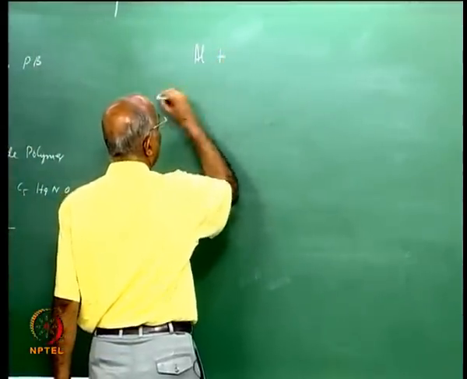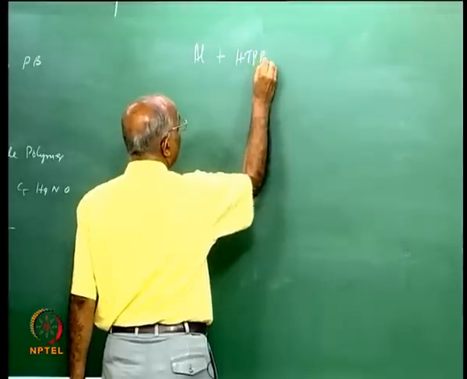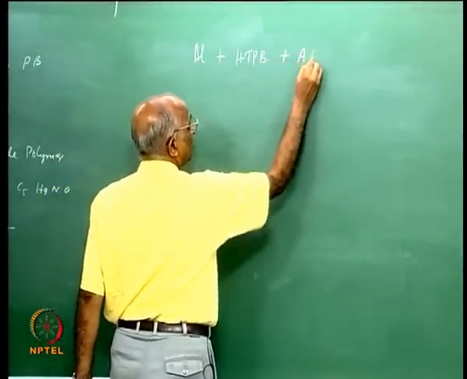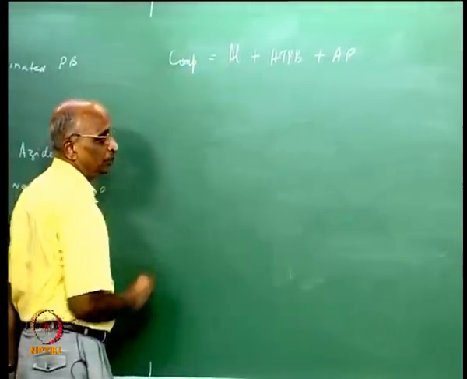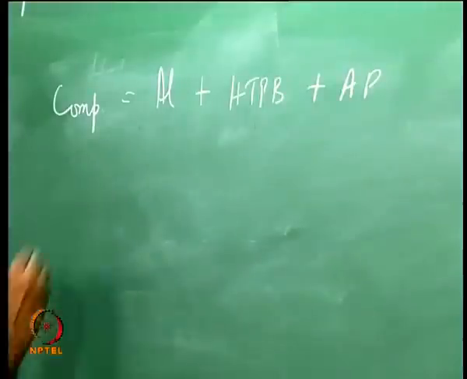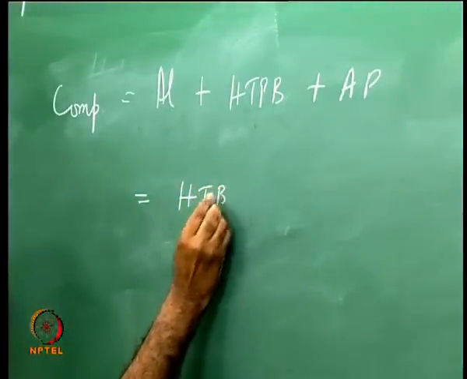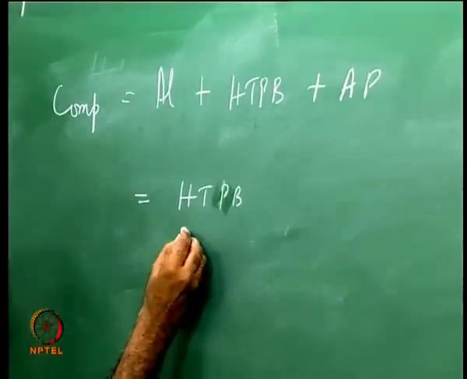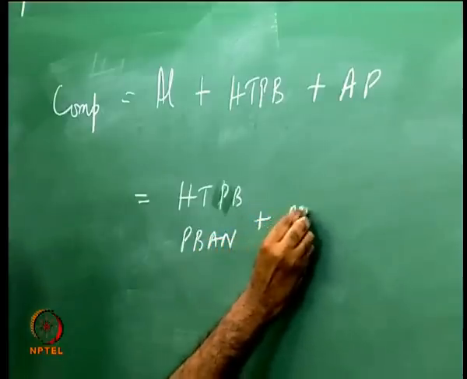It could consist of a binder, maybe let us take HTPB as a fuel. It is also used for binding aluminium and AP crystals. This is what is a composite propellant. If it is non-aluminium, it could still consist of HTPB, or it could consist of maybe CTPB or PBAN plus ammonium perchlorate.